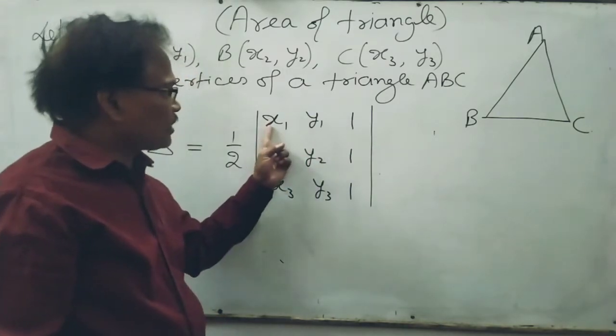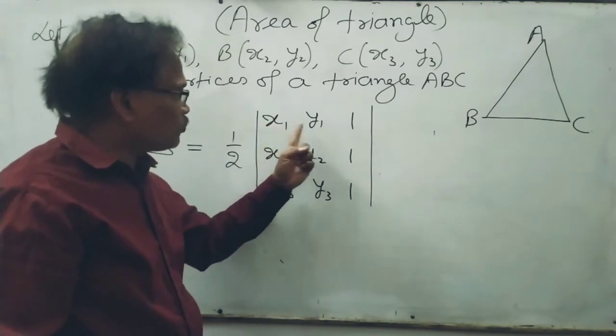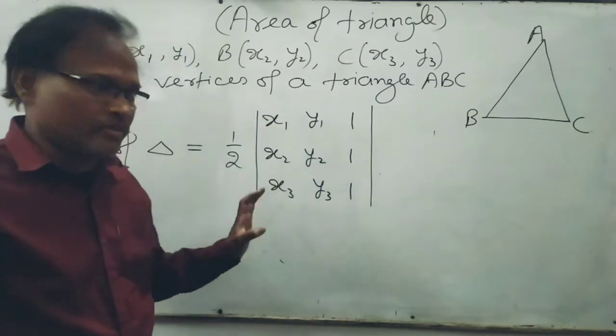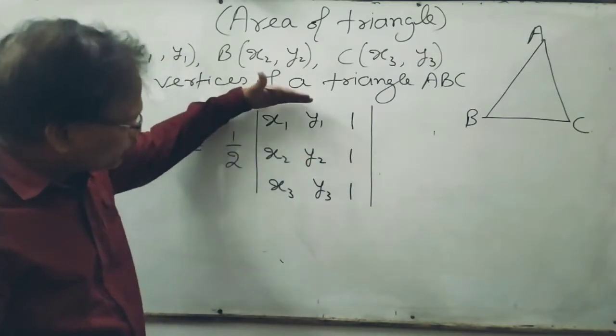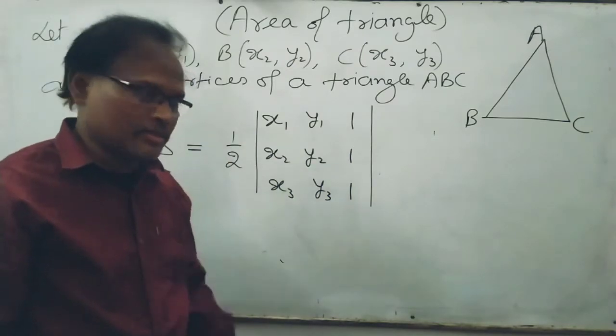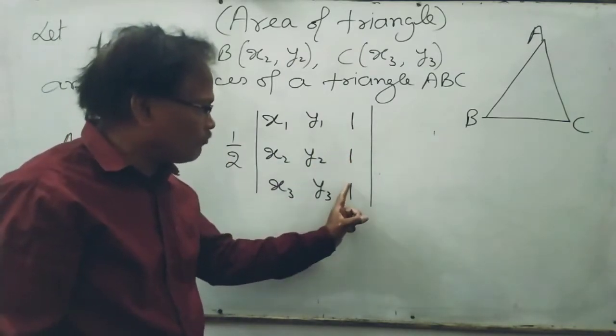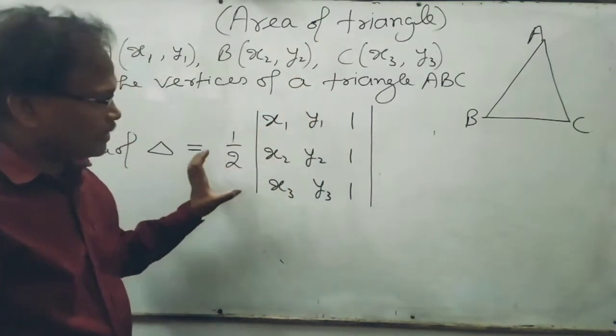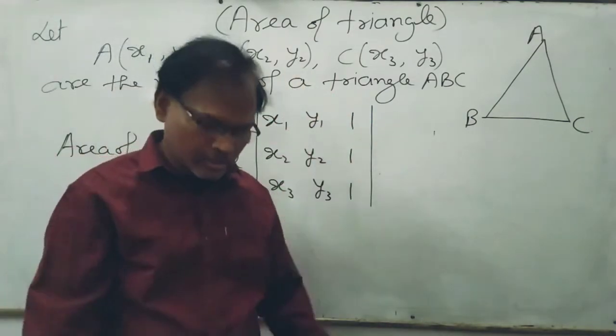If you are writing the coordinates of B here, then x2, y2, and x3, y3 like this. So you can write anywhere, but two columns will be the coordinates of the vertices and the last column will be 1, 1, 1. Divide by 2. When you expand this, you will get the area of the triangle.